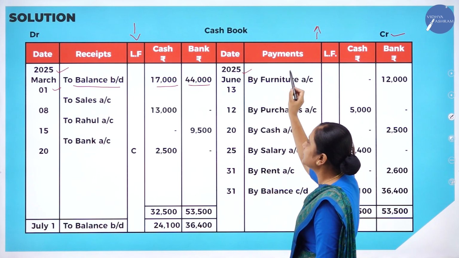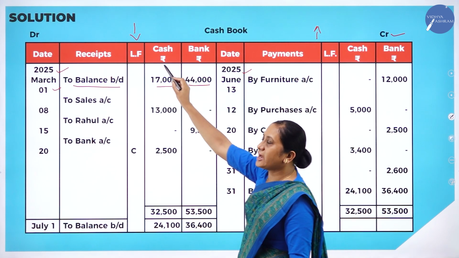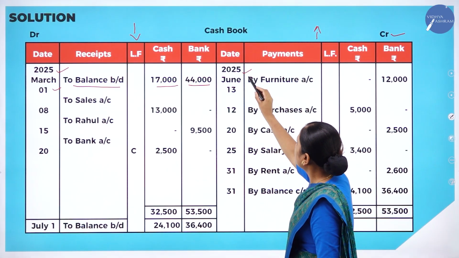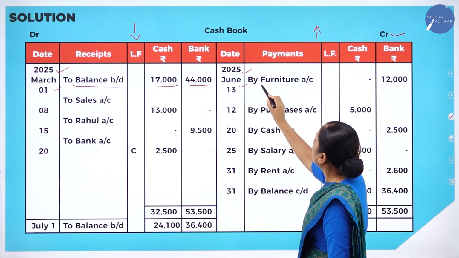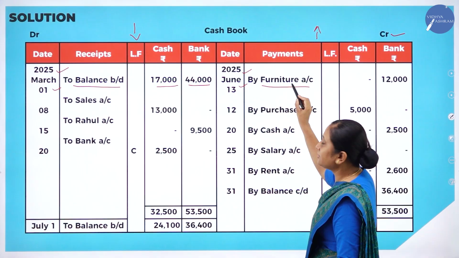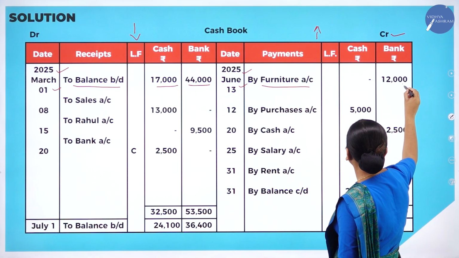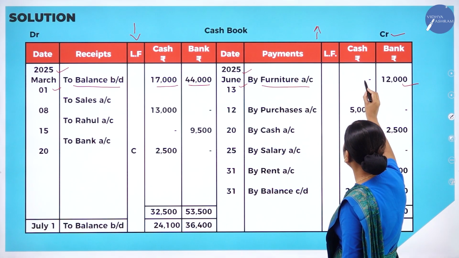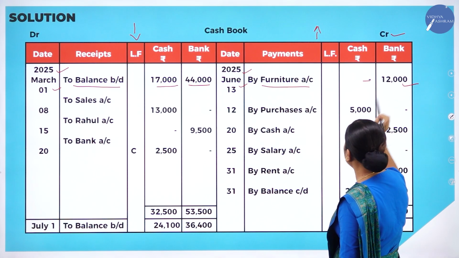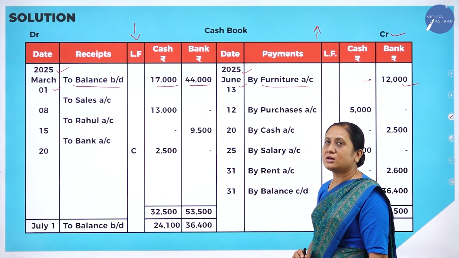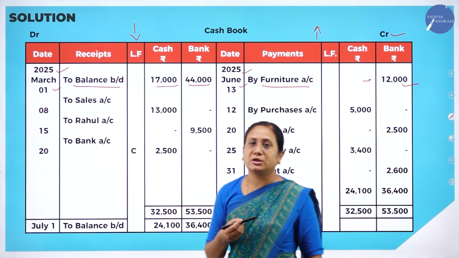All payments will be entered on the credit side. Any cash inflow on the debit side. March 3, by furniture account. We are purchasing furniture. Furniture account 12,000. Why in the bank column? See here, cash column is dash. Bank column we have written 12,000. Why? Because we are making payment through check.